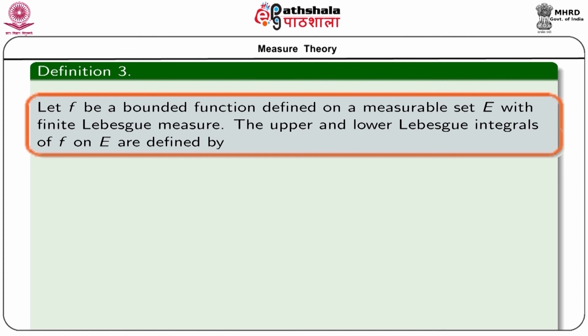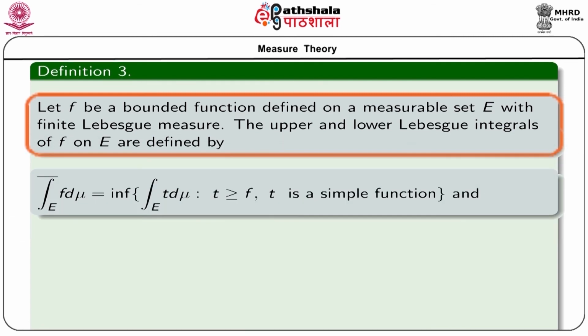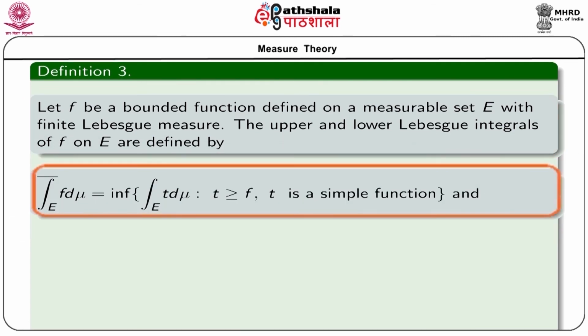Now, we start our main definition. So, let f be a bounded function defined on a measurable set E with finite Lebesgue measure. We define the upper and lower Lebesgue integrals of f on E by the upper integral of f over the set E d mu.